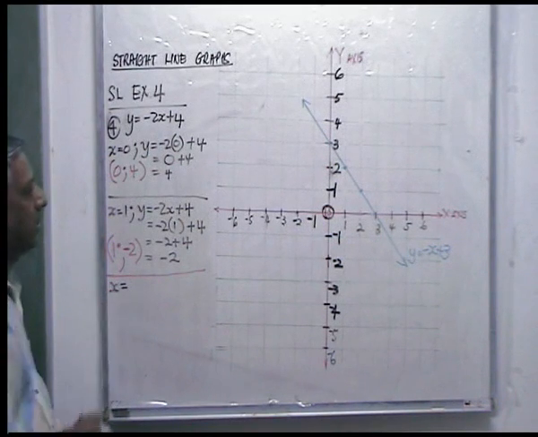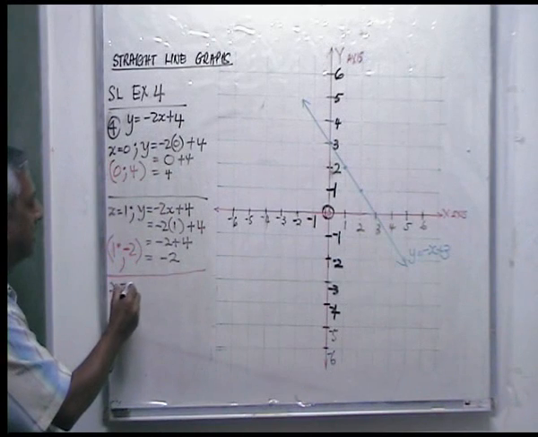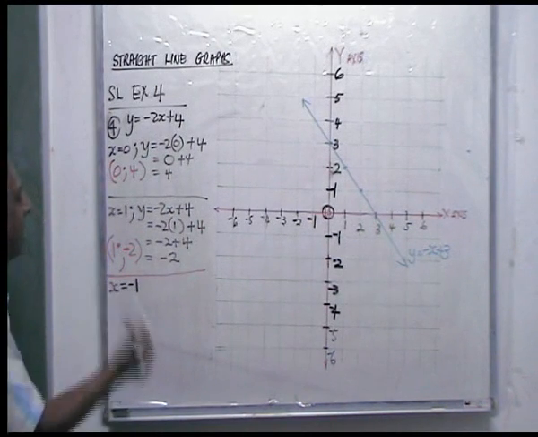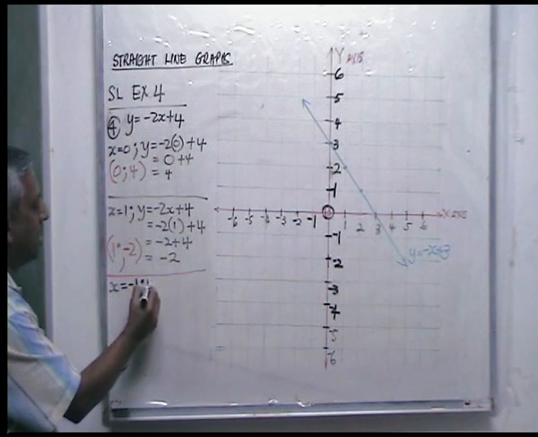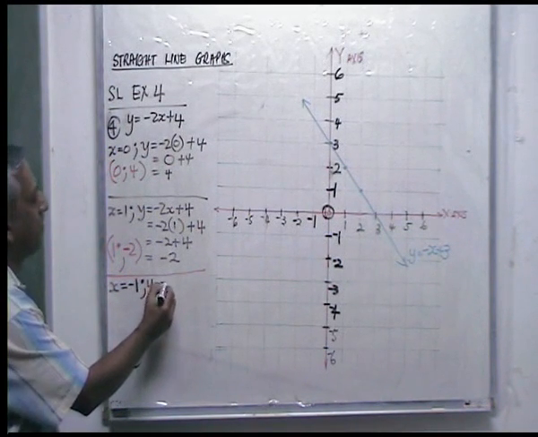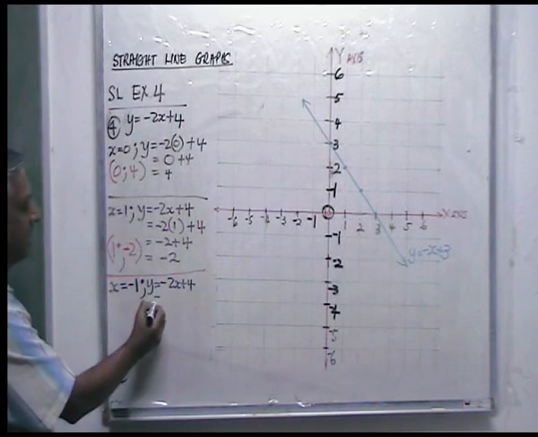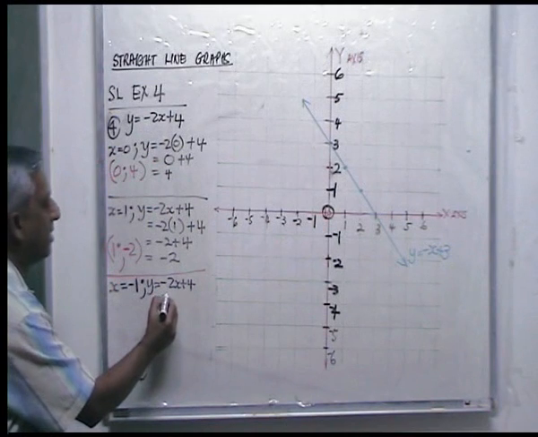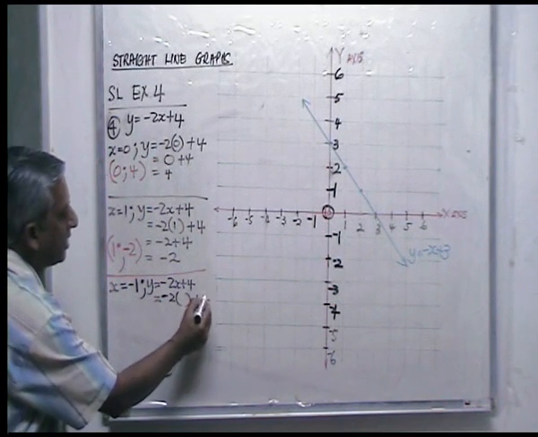X is equal to. Alright, let's have some fun. Let's say x is minus 1, because I have a right to choose any number I like. So y is equal to minus 2x plus 4. That gives you minus 2 into minus 1 plus 4.